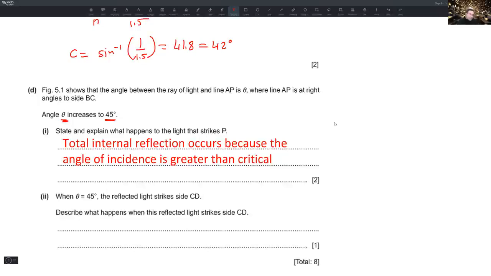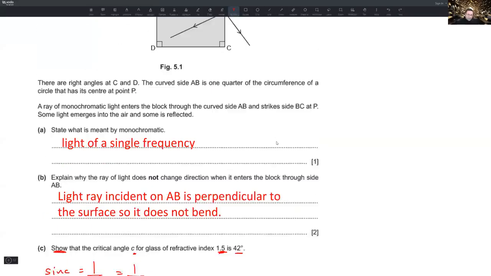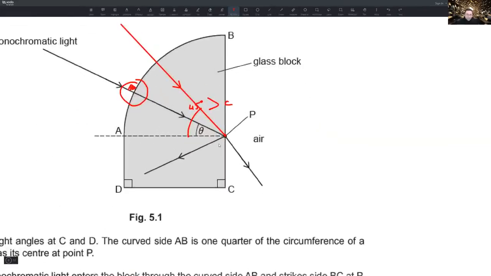When theta equals 45, the reflected light ray strikes the side CD. So I'll go back and continue drawing for myself. If this light ray at 45 reflects at 45, the same angle, just give me a second, I'll check the angle. And it hits CD.